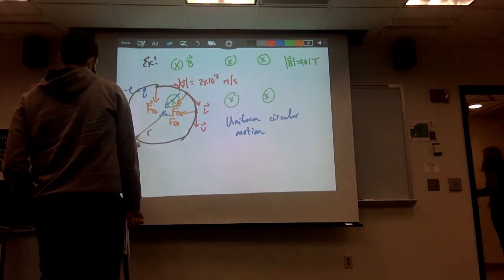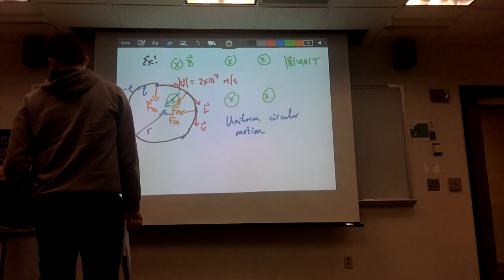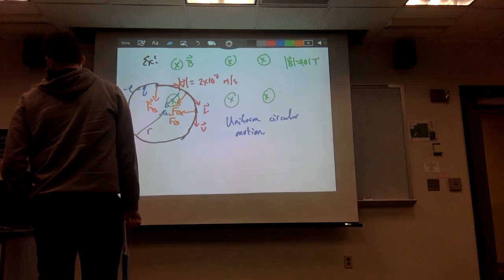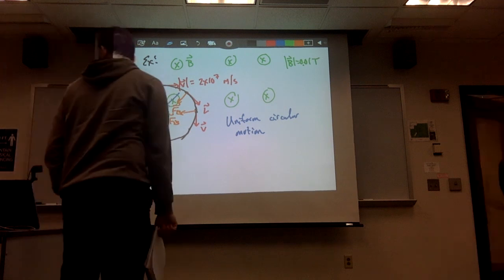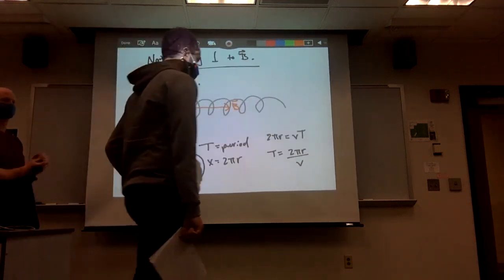This is just the overall path. Charged particles always move in a circle as long as there's a piece of the velocity perpendicular to the magnetic field. Again, if it's not completely perpendicular, you create a helix instead.